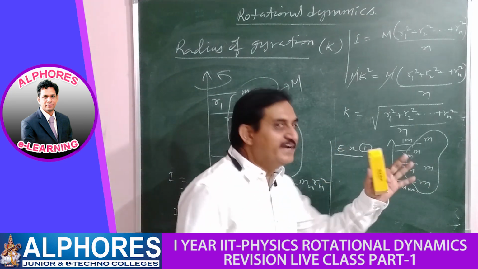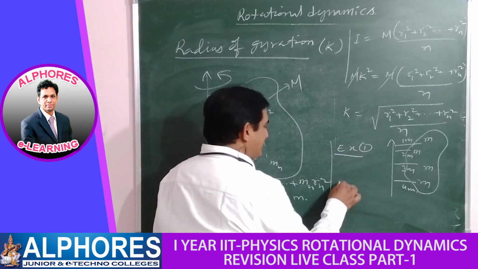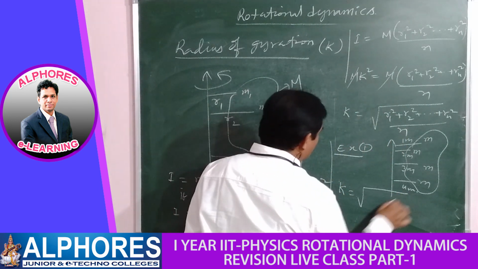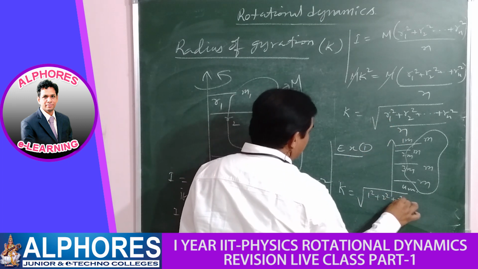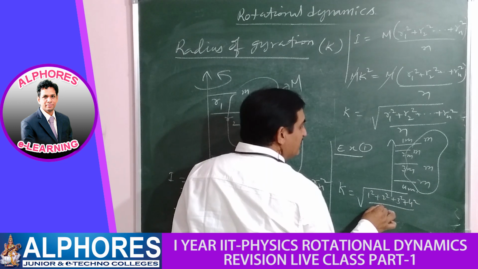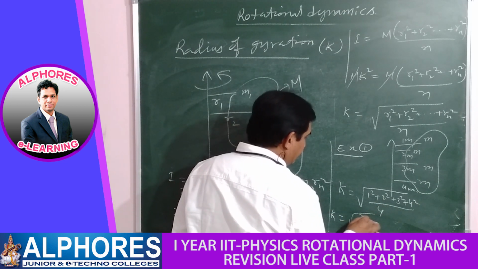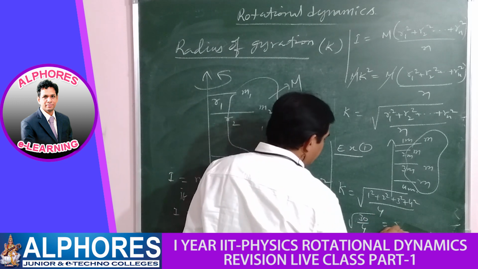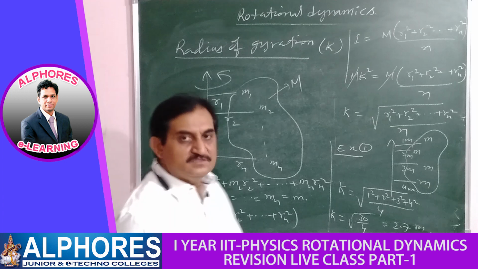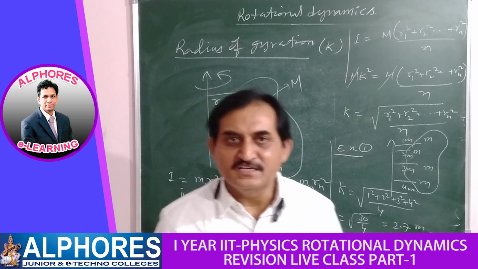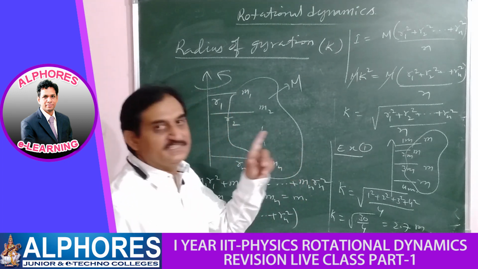Then the radius of gyration of the system as a whole can be found: k is equal to root over 1 square plus 2 square plus 3 square plus 4 square by 4, which gives us root over 30 by 4, which is 2.7 meters. So this is the way to find the radius of gyration if it is a system of particles having identical masses.